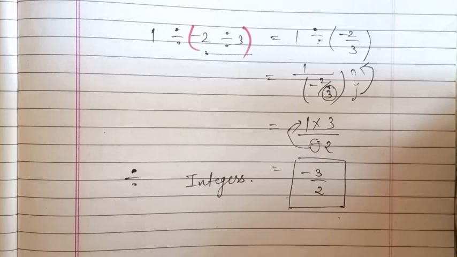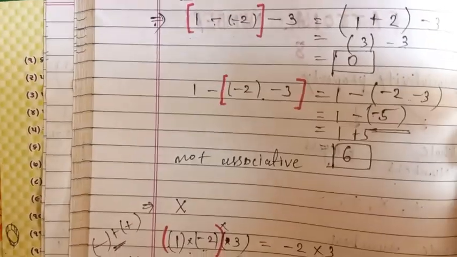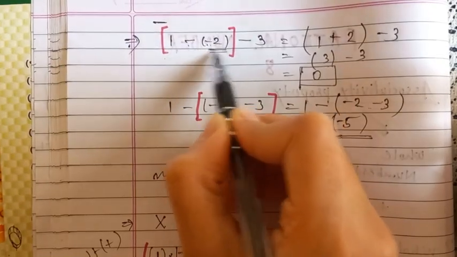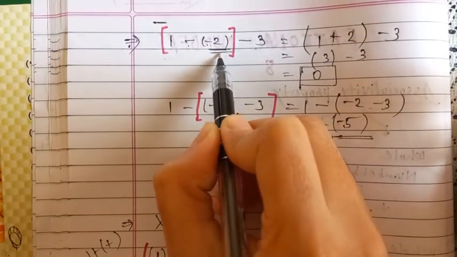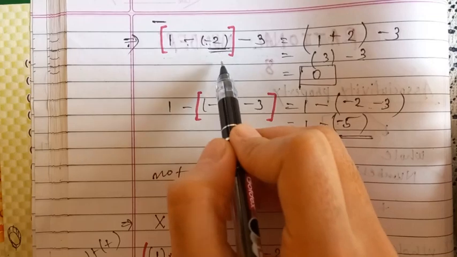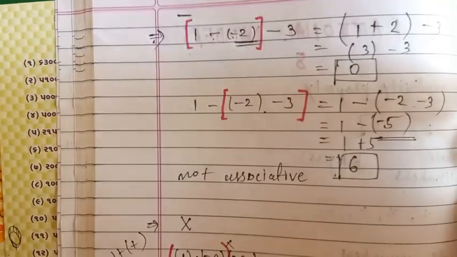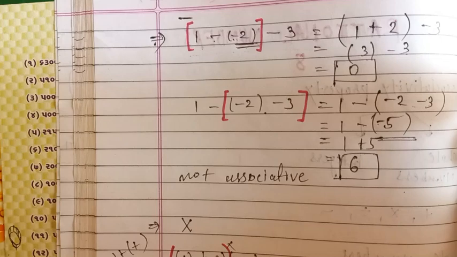And we made a mistake. What is it? In whole numbers, negative numbers are not included. So change the heading.